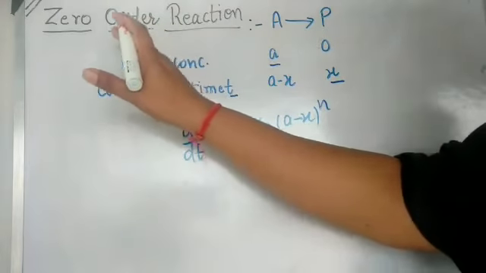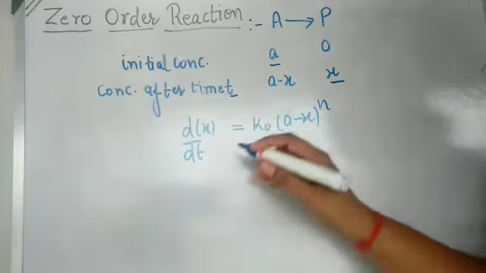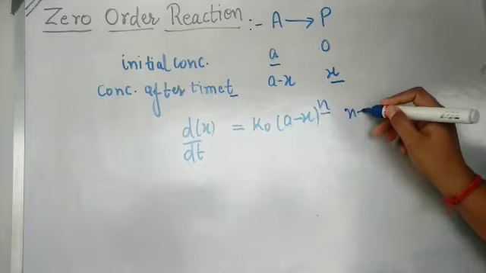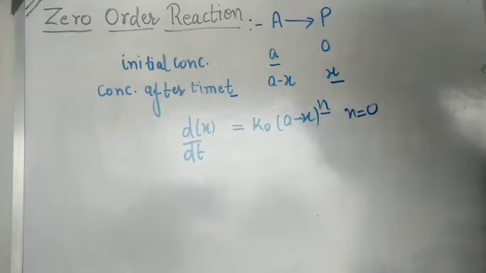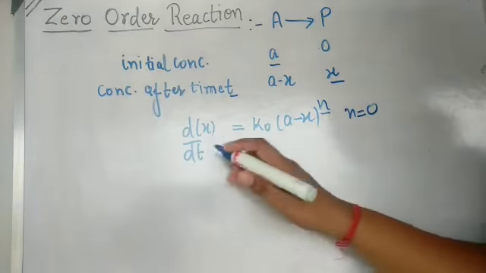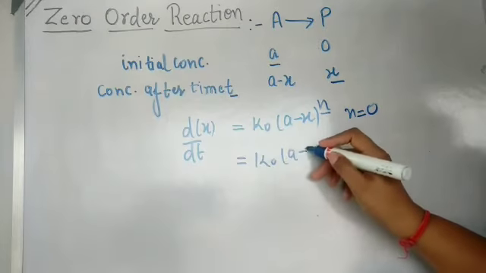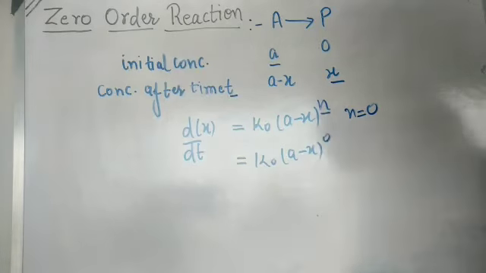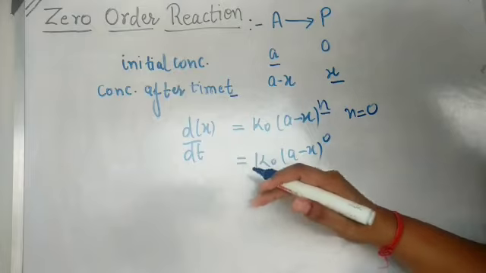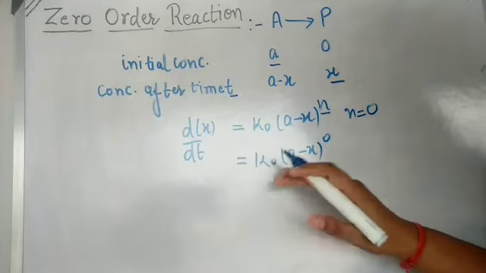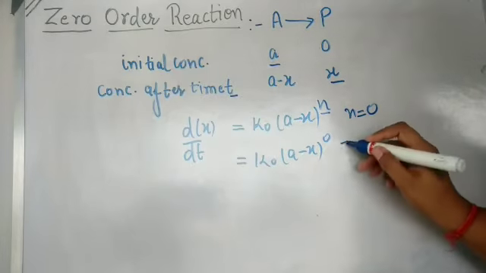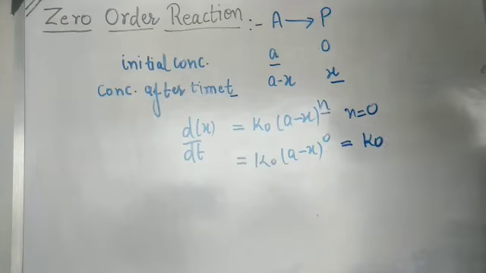Because we have taken this zero order reaction, this n will be equal to 0. When you put n is equal to 0, it will become K naught times A minus X raised to power 0. Means rate of reaction is independent of the concentration of the reactants. Or simply you can write it as K naught.